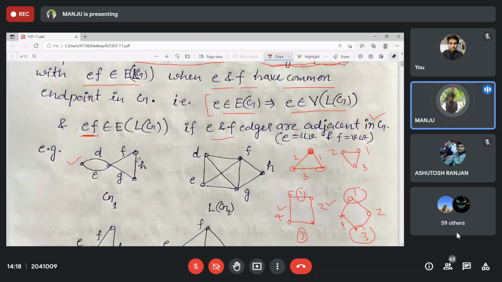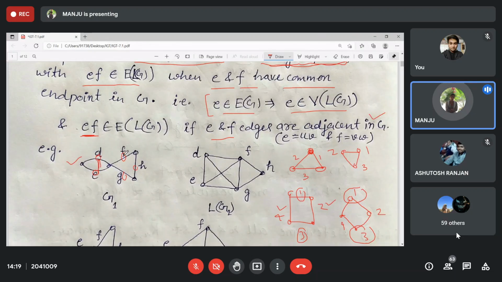Now, look at G1. How many edges? 5 edges. So corresponding there are 5 vertices in the line graph: one vertex for this edge, one more vertex for this edge. Now E and D have two common points, but it doesn't matter whether there is one common vertex or two, there will be adjacency, meaning a single edge.